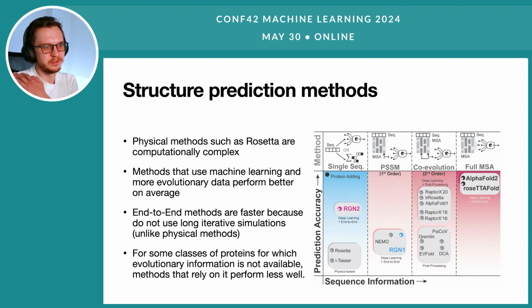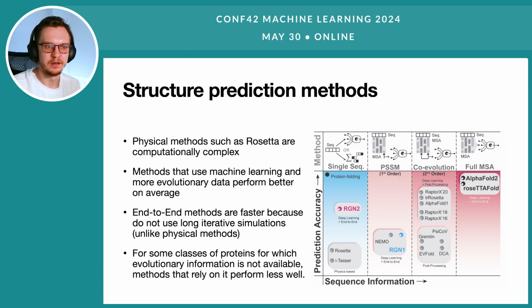And for some classes of proteins, that information from multiple sequence alignment is not really useful. For example, for highly variable proteins, such as antibodies, multiple sequence alignment cannot be that useful to get more information about the protein.